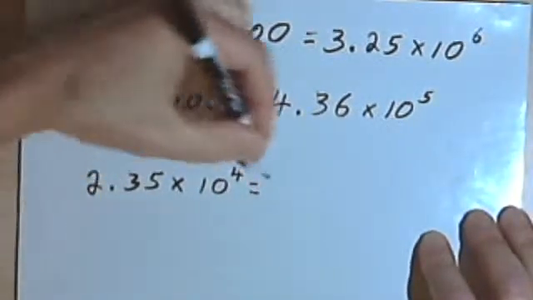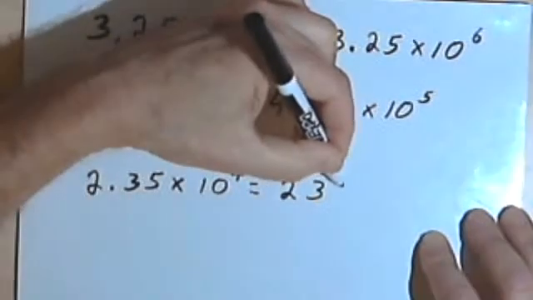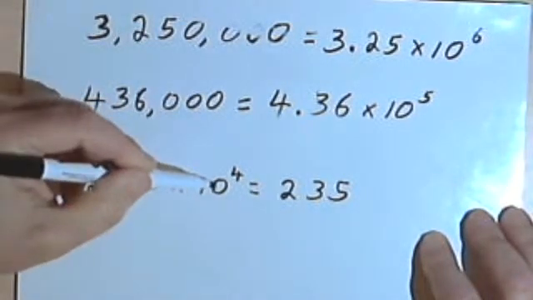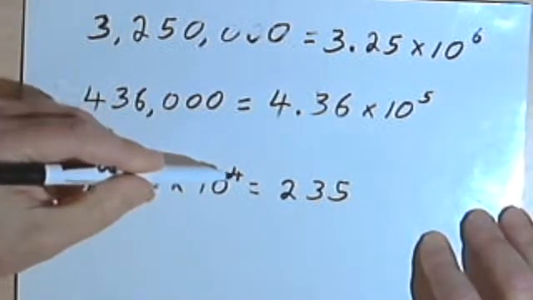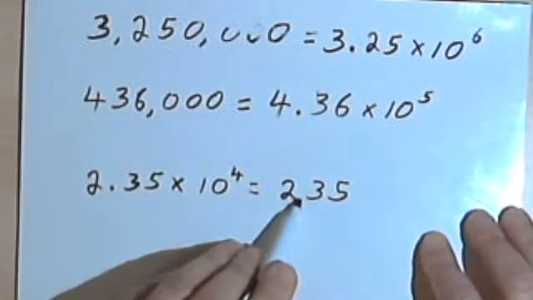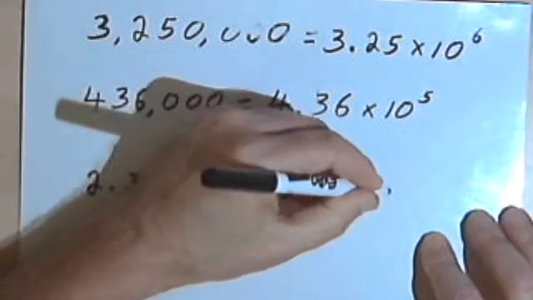Well, I'm going to take that 2, and then after the 2 I had a 3, 5, so I've got 235, but that 2.35 was multiplied by 10 to the 4th. So what I want to do is go to the place after that first digit and then add 4 places. I've already got a 3 and a 5, so I have to add 2 more places, which I'll do in the form of zeros.